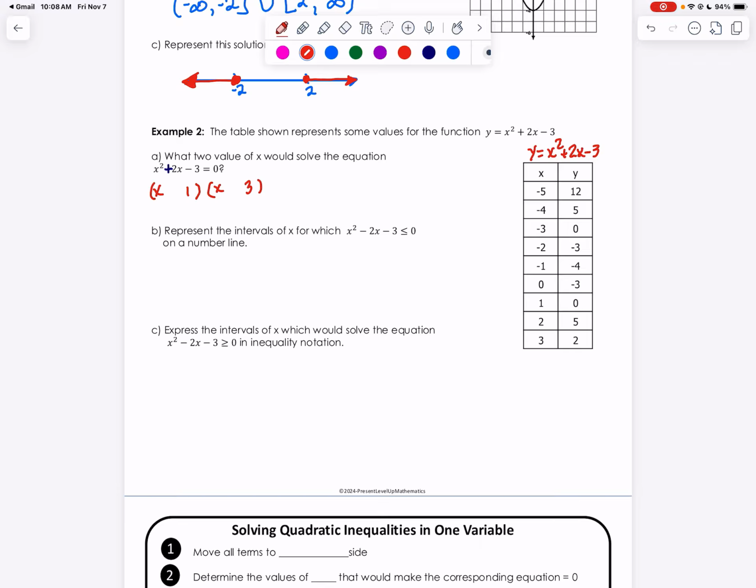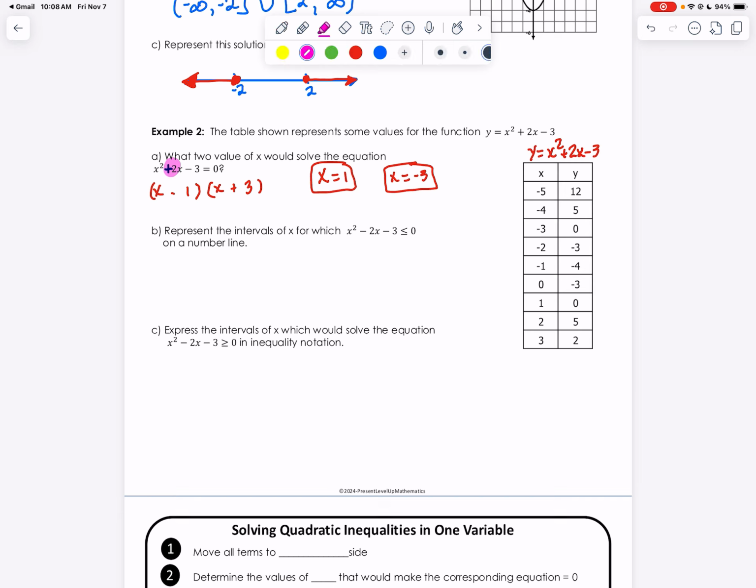And then we want to have a positive 2 in the middle. That means our 3 should be positive and our 1 should be negative. So that leaves me with solutions x equals 1 and x equals negative 3. Those are the two numbers that make the expression equal to 0.